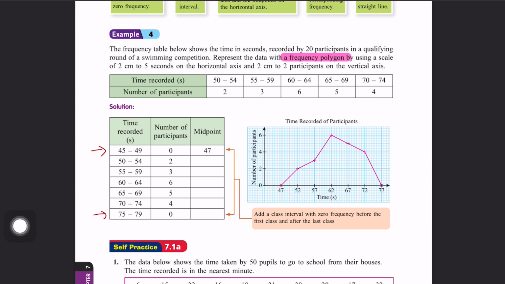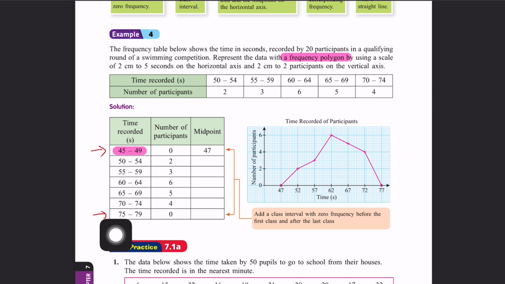So macam mana kita nak tahu yang ini? Yang ini awak follow je lah macam ni kan. 50, 51, 52, 53, 54. So class size dia 5. So awak undurlah ke belakang. So 49, 48, 47, 46, 45. So kelas dia 45 until 49. Macam ni pula. Tambah lagi 5 selepas 74.